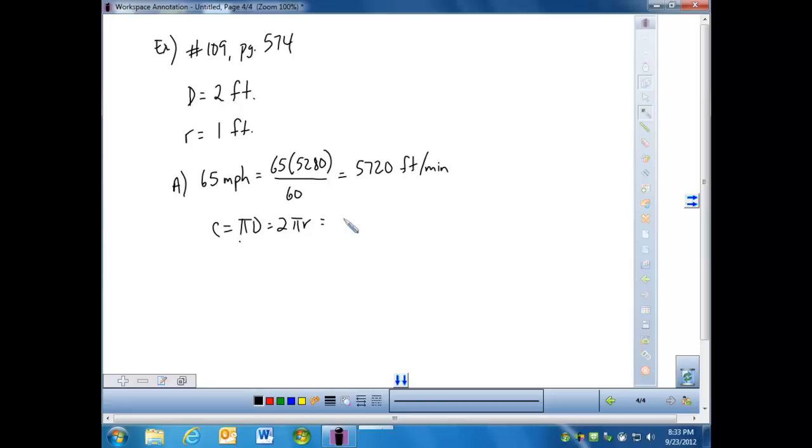Now, how do you convert that into revolutions per minute? Remember, the circumference is pi times the diameter, or 2 pi r. So there are 2 pi feet in one circumference.